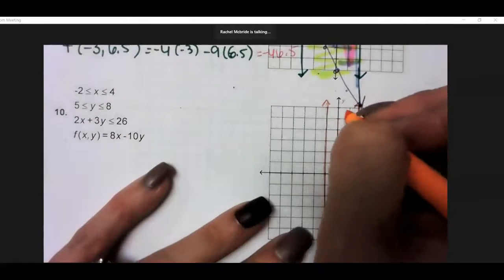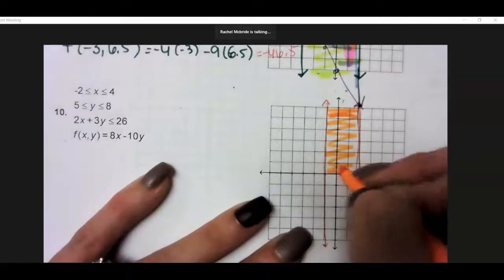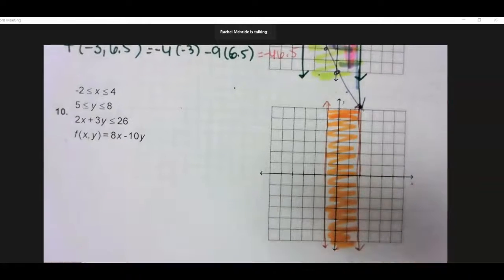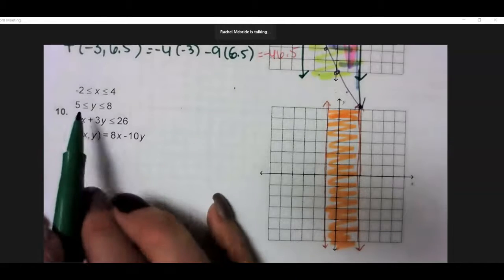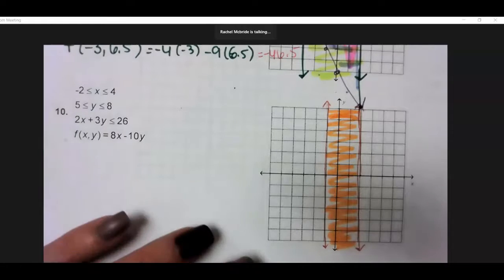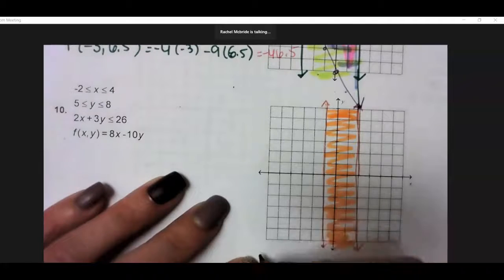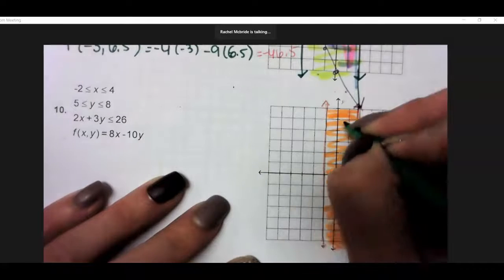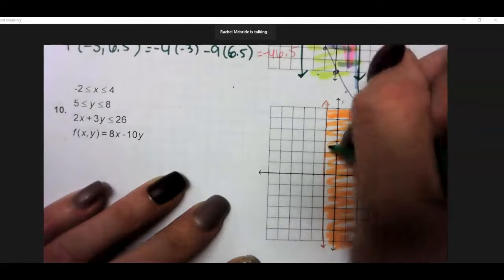Then we're going to shade between. And then on Y, it's from 5 to 8. So again, I'm just going to go by 2s.